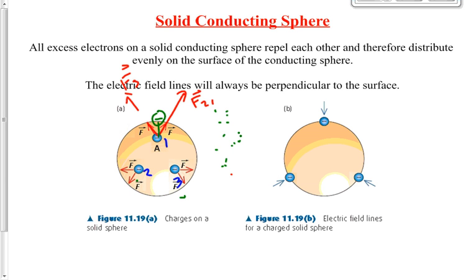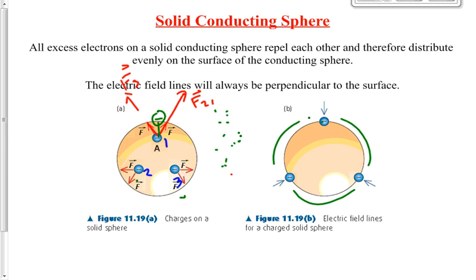Same things. So in effect, in the end, what you're going to have is these 3 excess charges all going to the surface. And what do you notice about the distribution of them? They're evenly spaced. Now, this is a 2-dimensional diagram. This would happen on a 3-dimensional scale, right, if this was a solid conducting sphere.